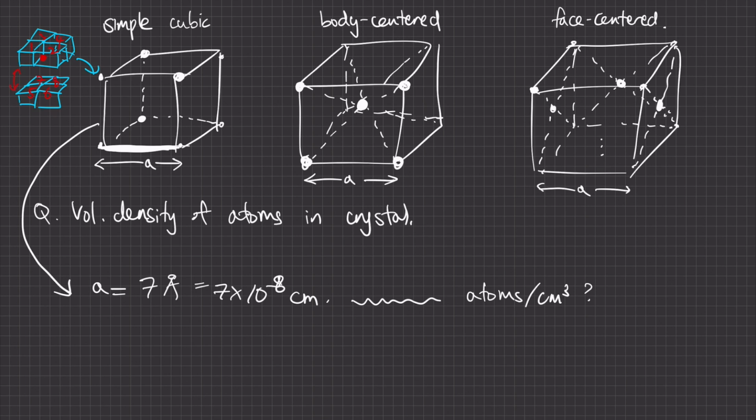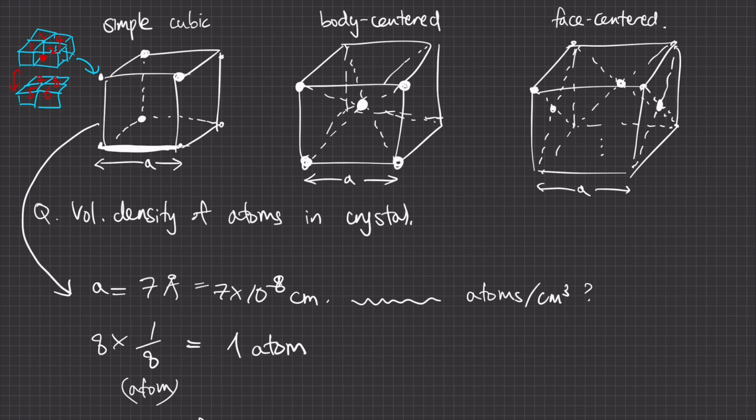So we have 8 times 1/8 of an atom, which is going to give us 1 atom in this cube. And then obviously the volume of the unit cell will be a cubed.